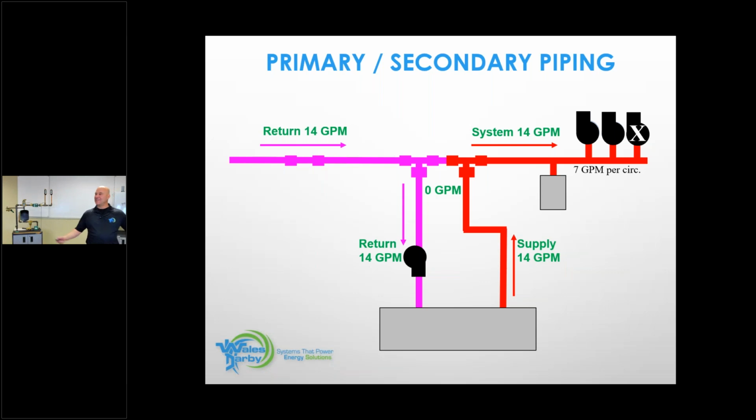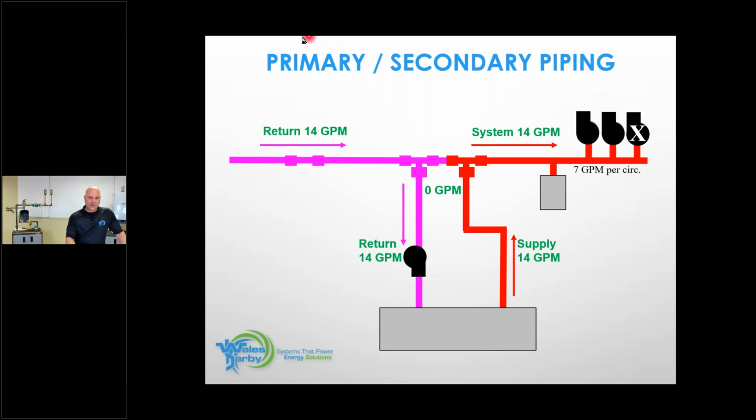0. Nothing's going on. Nothing is going on because, and here's the reason why, we have 14 gallons of flow in our system heating our home, and the boiler is requiring 14 gallons a minute. So as I send 14 gallons out of the boiler, all 14 gallons are going out here. It's being split 7 and 7.